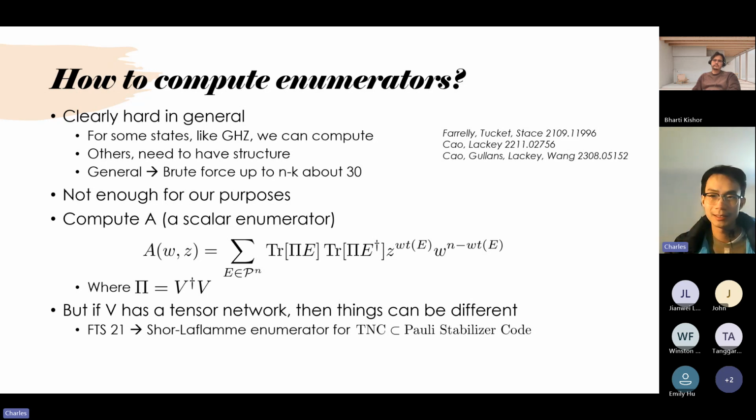In fact, what I'm going to talk about is primarily based on technology developed by these two papers. But there's a separate paper that came before us, by Farrelly, Tuckett, and Stace, that also has a tensor network technique, and they compute the Shor-Laflamme enumerator for a class of codes called tensor network codes, which is a subset of Pauli stabilizer codes.